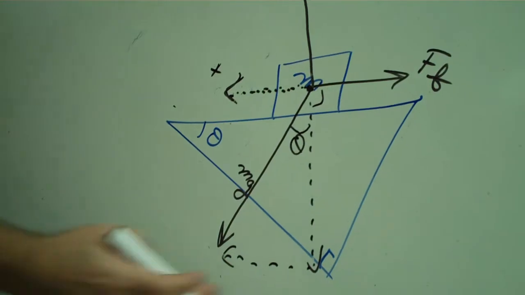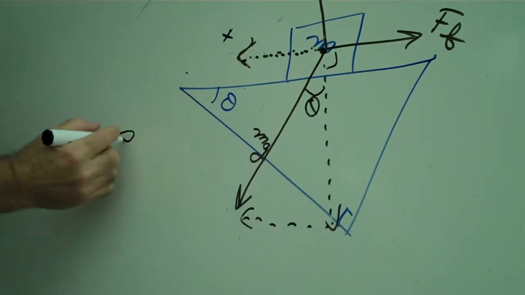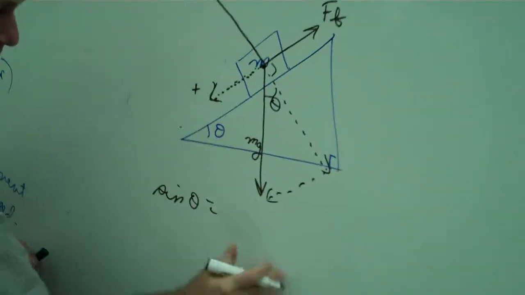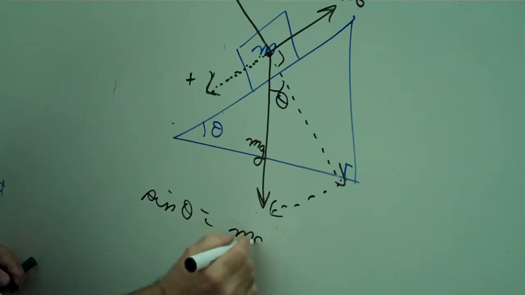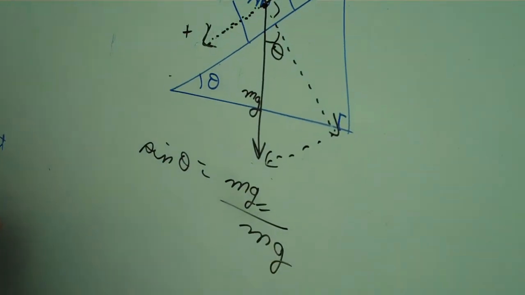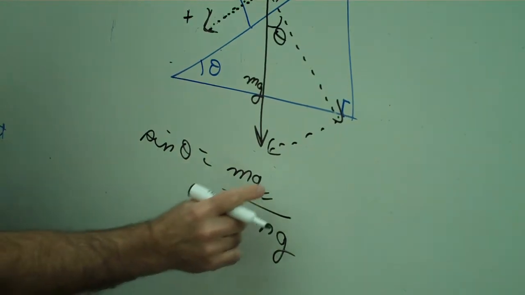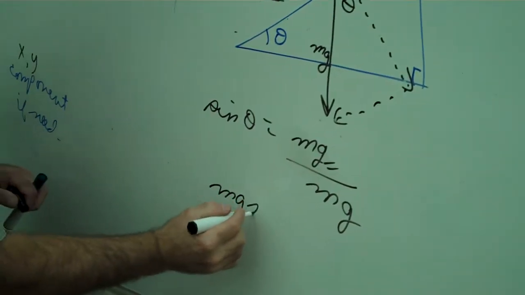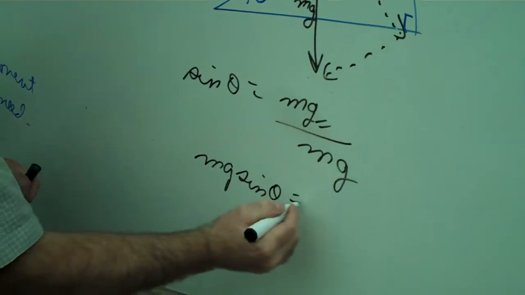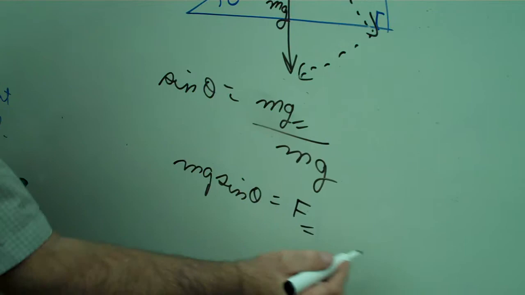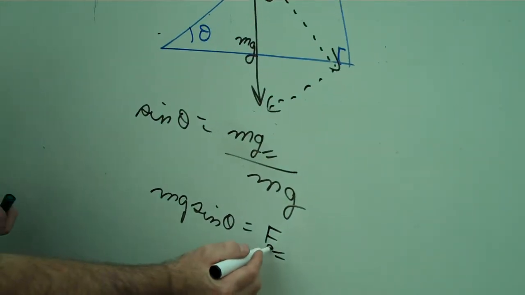Trig function, opposite over hypotenuse, sine of the angle equals mg parallel to the ramp over mg. So the component of the weight that's parallel to the ramp is mg sine theta. If you ever go snowboarding with me, you'd yell out mg sine theta. That's the force parallel to the ramp of gravity.